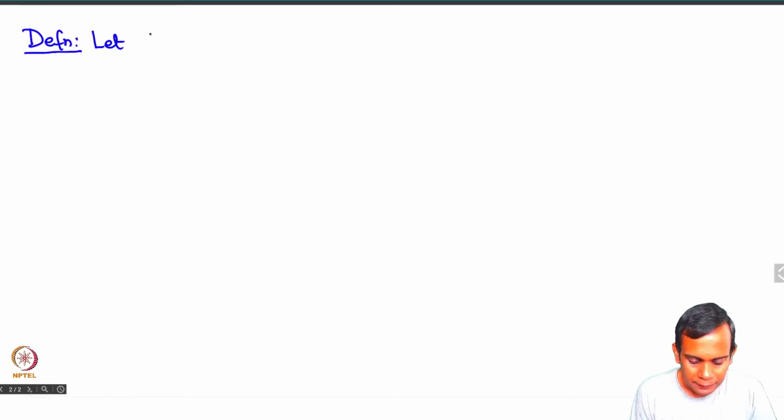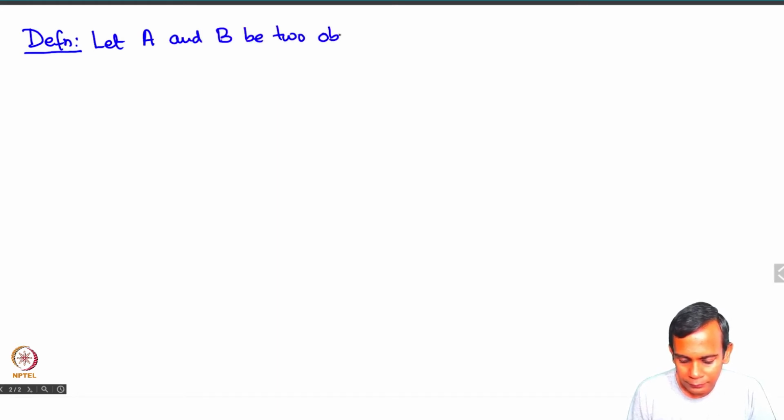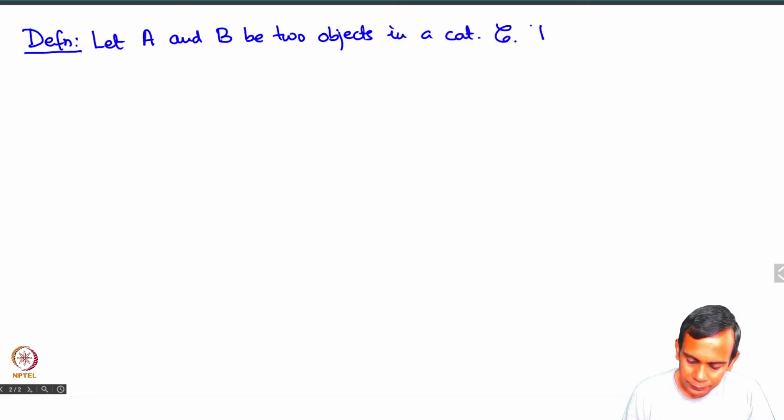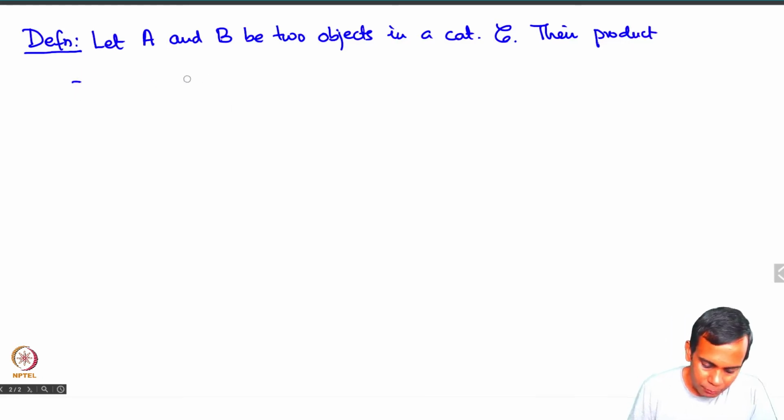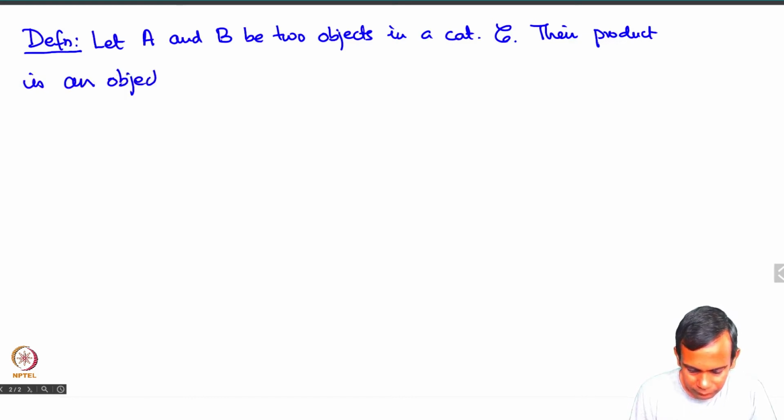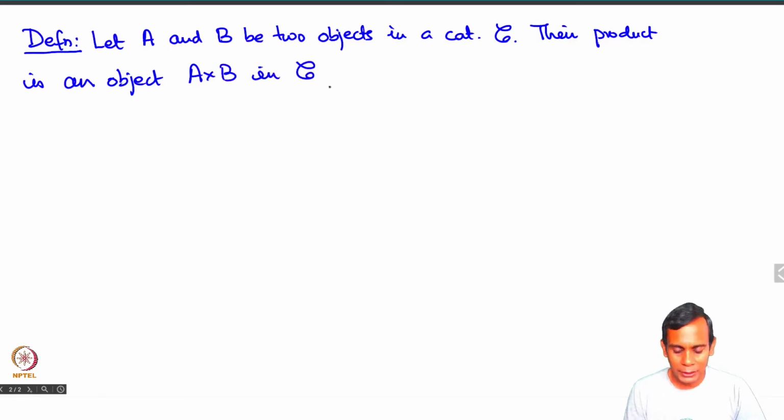So let A and B be two objects in a category C. Then their product A cross B is an object A cross B in C, which comes together with two projection maps, two arrows.